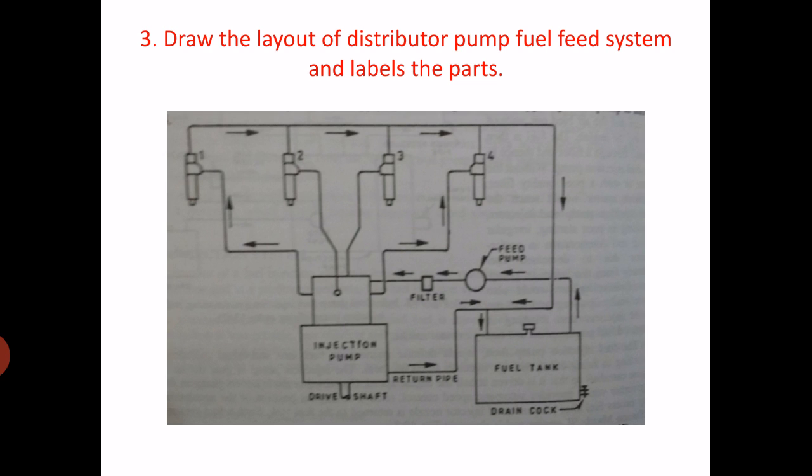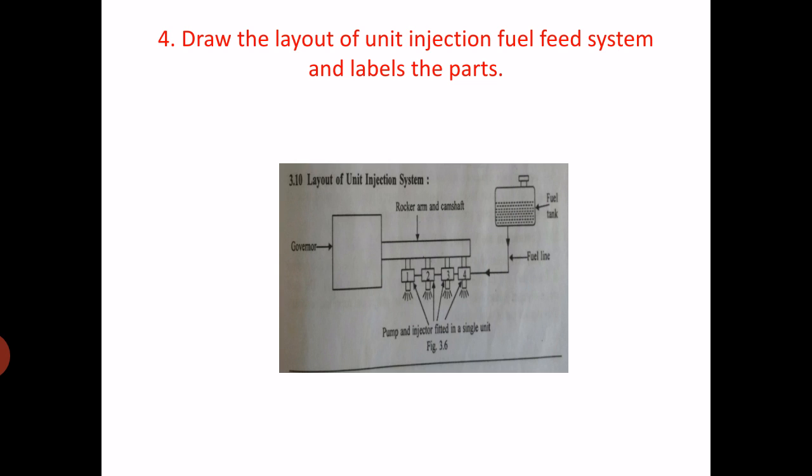Excess fuel, as shown by the arrow mark, returns to the tank. So that is the distributor system, where only one distributor type pump is used.